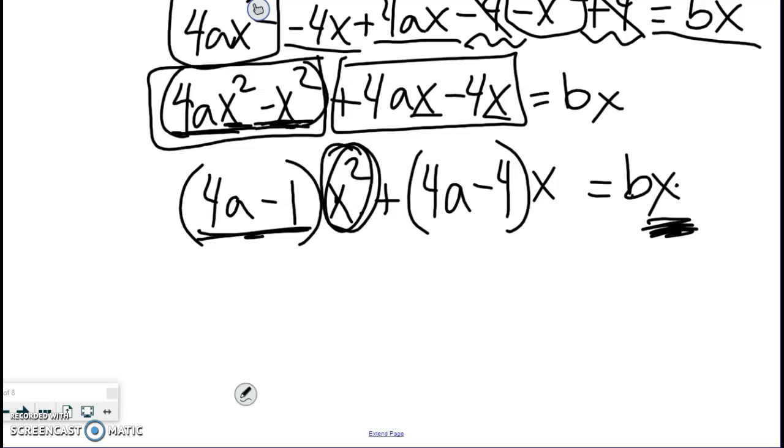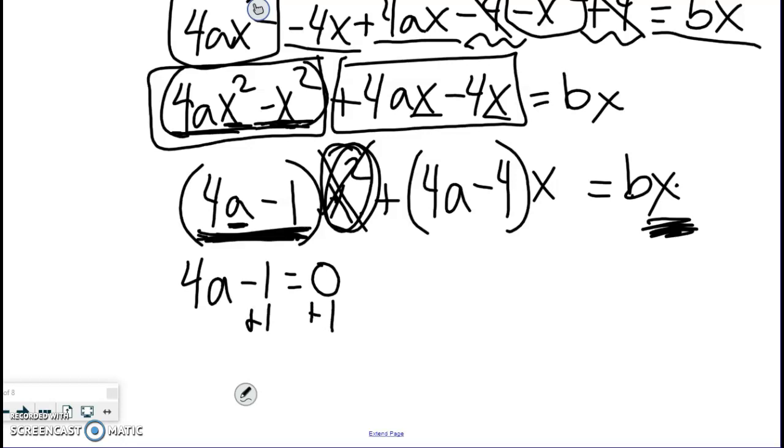What's the only number that we could multiply x squared by to make it disappear? Well, it's 0. So we're going to set this equal to 0. What value of a is going to help this become 0 so I can get rid of my x squareds? Let's figure it out. 4a minus 1, and we want it to equal 0. Well, we're going to add 1 to both sides. And we're going to get 4a is equal to 1. Ooh, we don't even need to solve for a. I mean, we can, but we don't even need to.